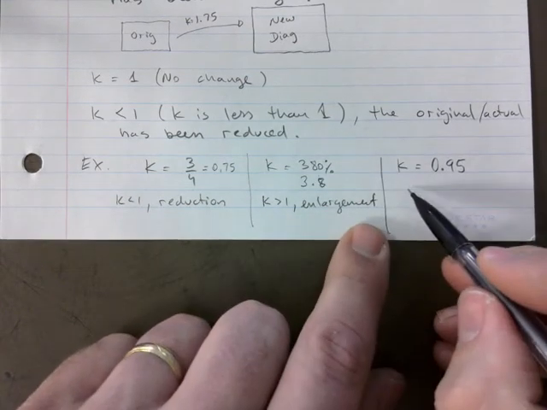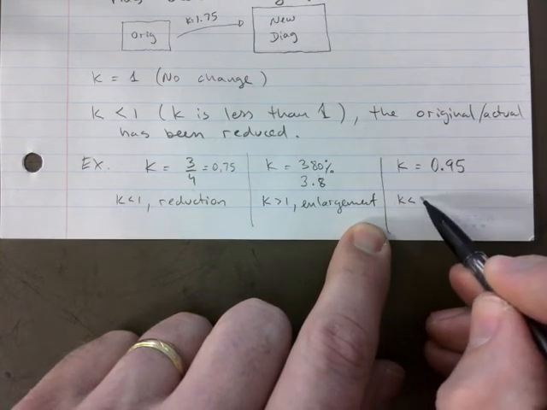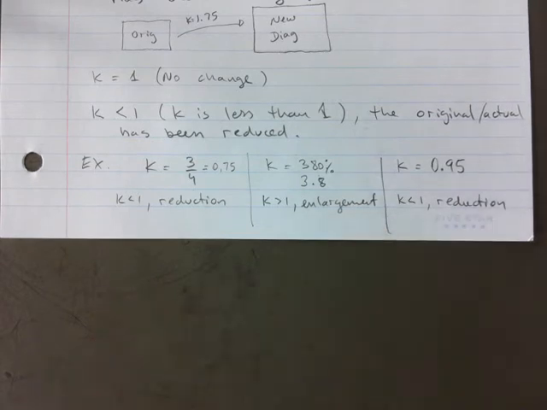Block that off. Here, this is very obvious. K is less than 1, reduction. I can throw fractions at you, whatever. If it's a fraction, divide it, get your decimal, right? So that it's easier to see.